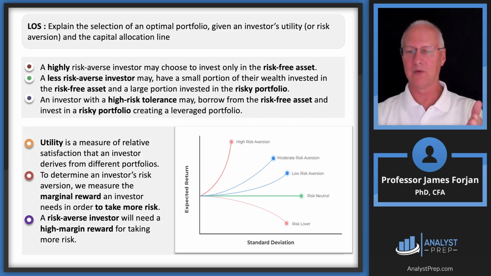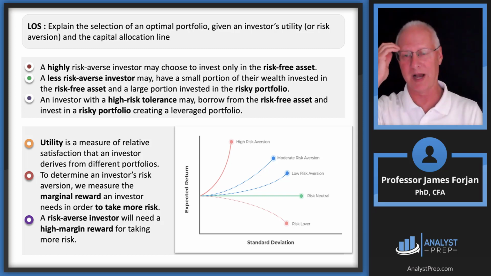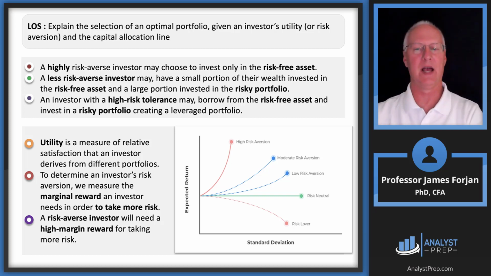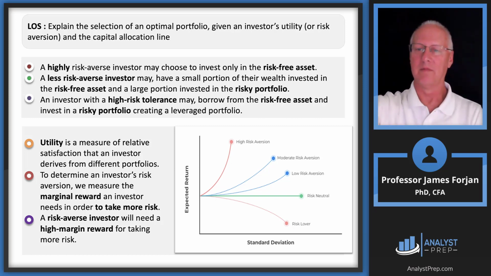But sometimes you may go above that. Sometimes you may go below that. So look at the bottom. If you're a risk lover, notice what you're doing. You're going to take extra risk, as long as you get some kind of positive return. That's why there's a downward curve there. Then depending on your level of risk aversion, you might have a flatter slope, low risk or moderate risk.